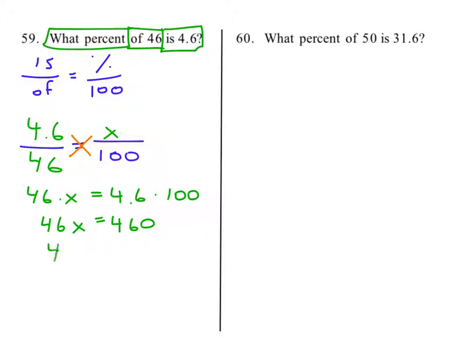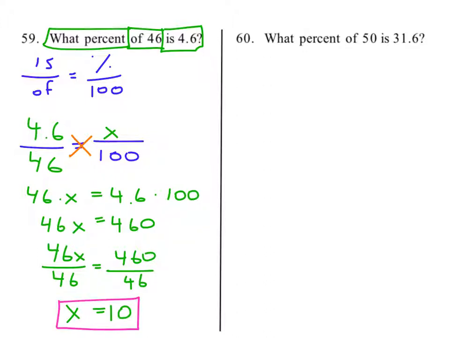And now what we've got is 46x divided by 46 equals 460 divided by 46. And hopefully you can mentally make the leap to say that's clearly 10. And let's do that one more time. Is over of equals percent over 100.